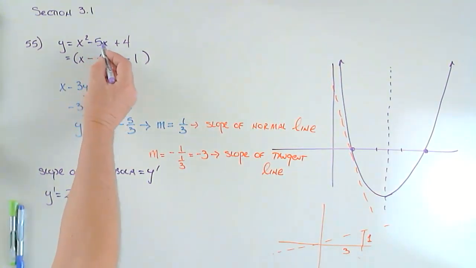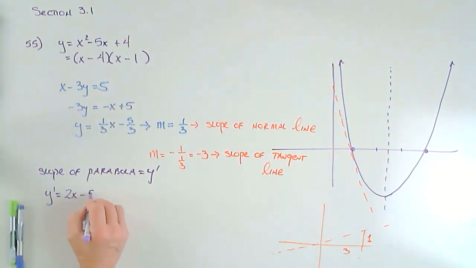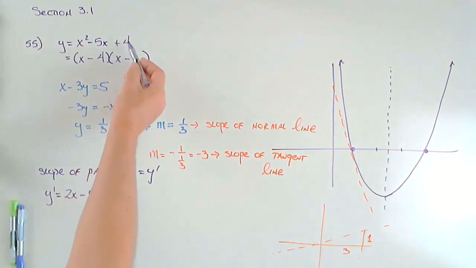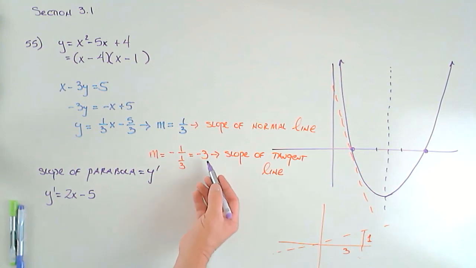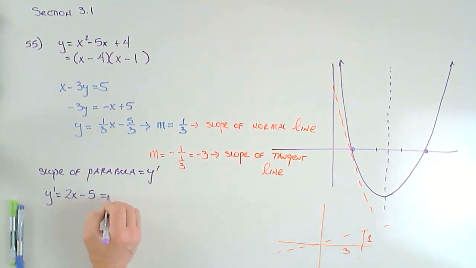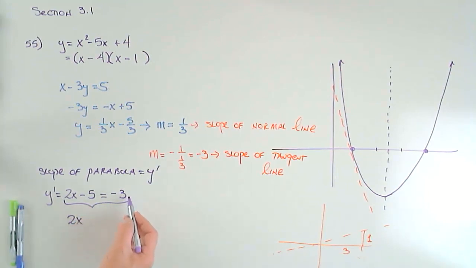The derivative of -5x is -5. The derivative of 4 is 0. So that's the slope of our parabola, and we want to know when it equals -3. So we solve this. We bring the -5 over, it becomes positive, we get 2x equals 2, and x equals 1.